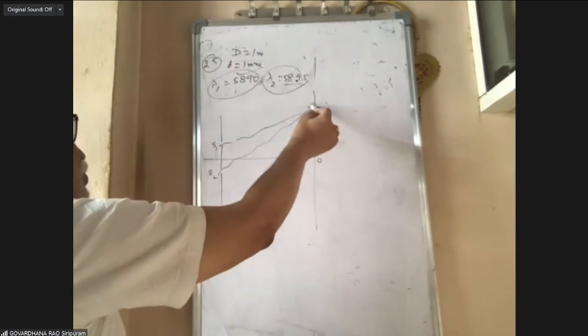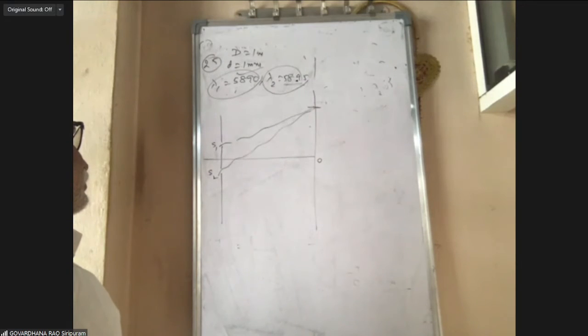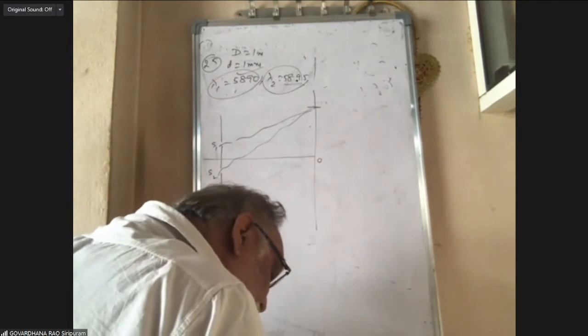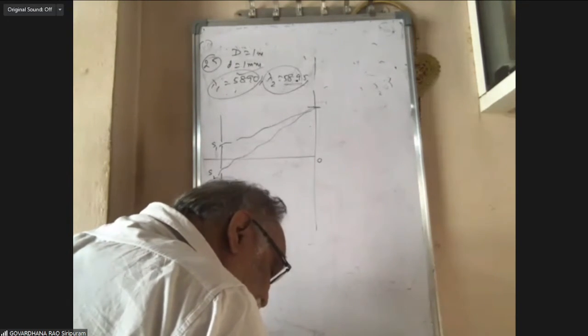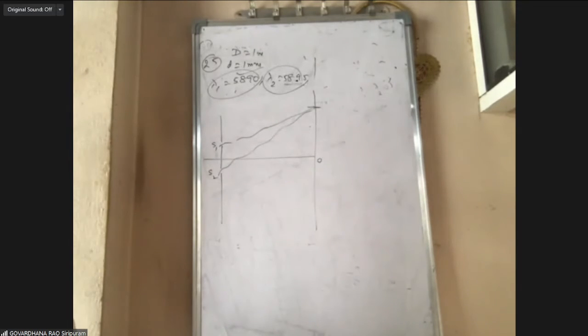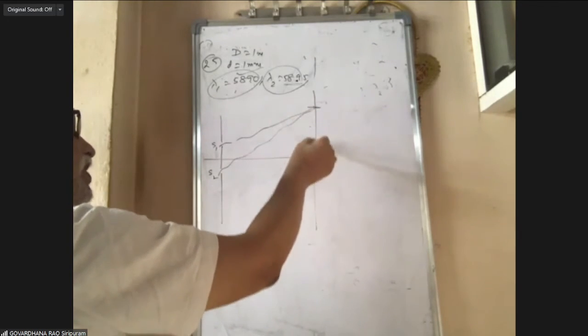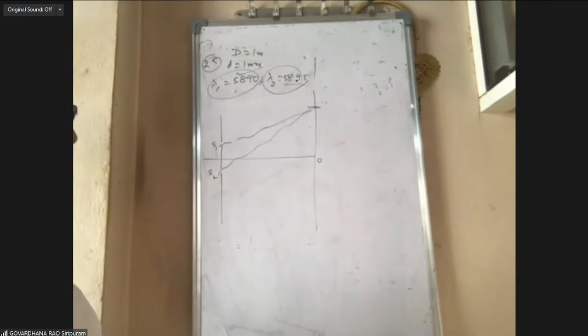Beyond that you won't see. So up to what order can fringes be seen?